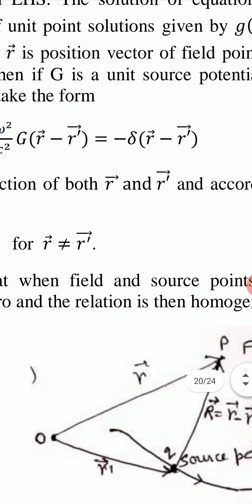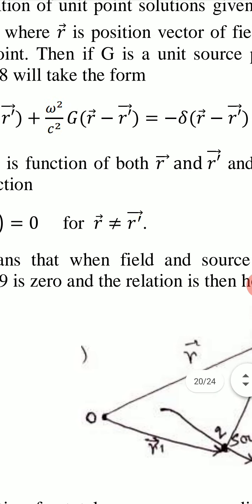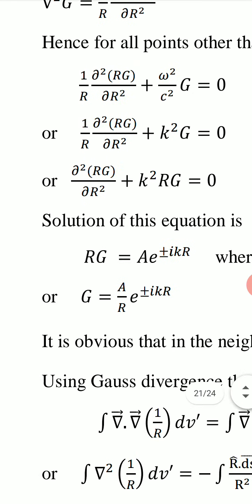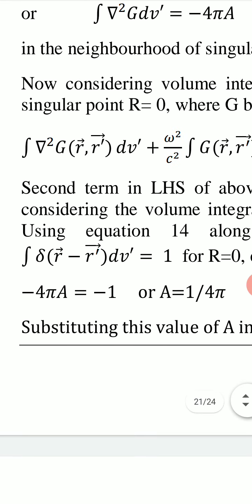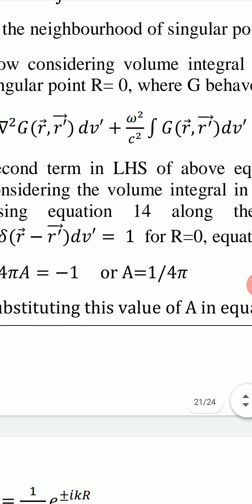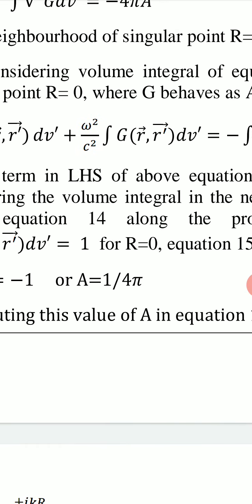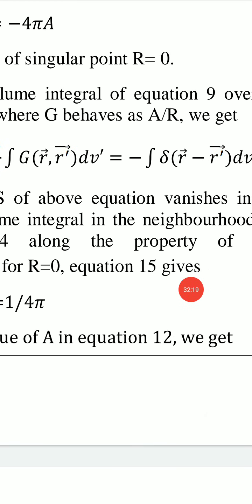This is equation 9: del square g(r minus r dash) plus omega square upon c square g(r minus r dash) equal to minus delta(r minus r dash). Integral of this equation 9 will give this: integral del square g(r, r dash) dv dash plus omega square upon c square g(r, r dash) dv dash equal to minus integral delta(r minus r dash) dv dash.